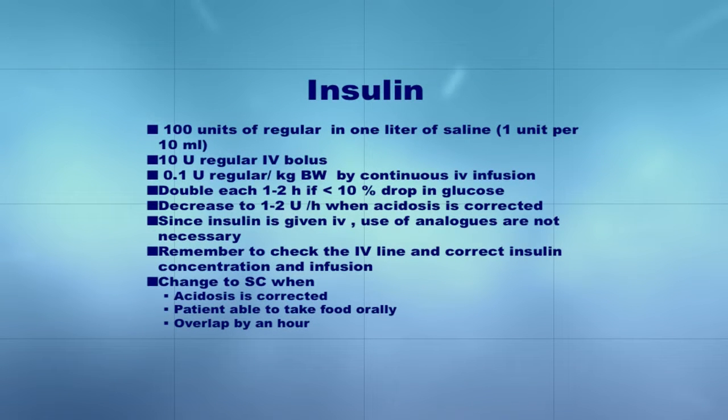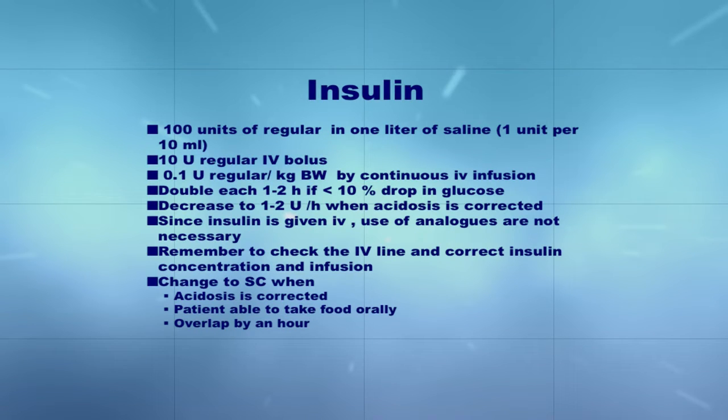Insulin therapy is paramount for the treatment of diabetic ketoacidosis. It reverses the abnormalities that I have explained in the pathophysiology of DKA, that is lipolysis. It promotes glucose uptake by the muscle and fat cells, and it inhibits hepatic glucose production.